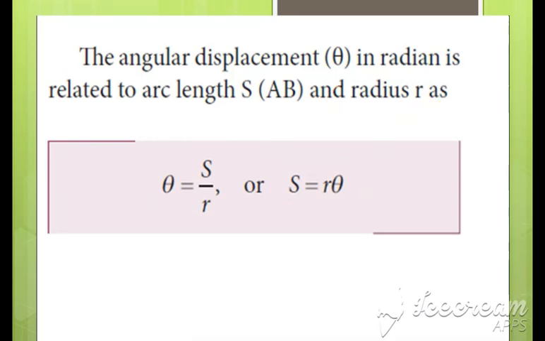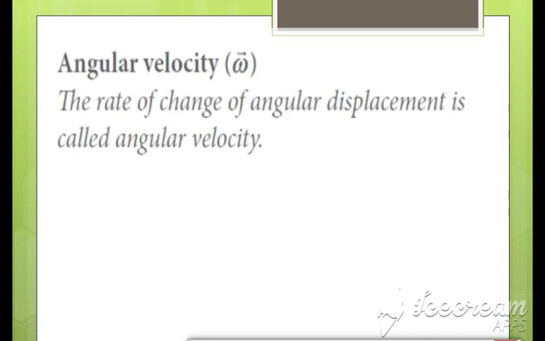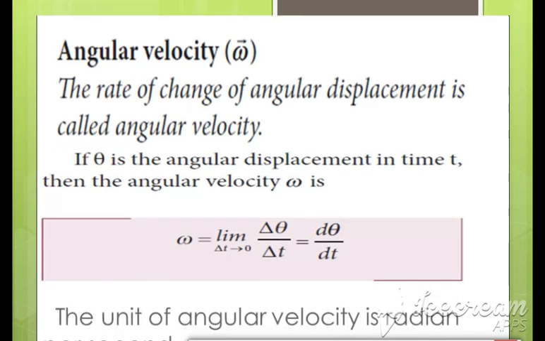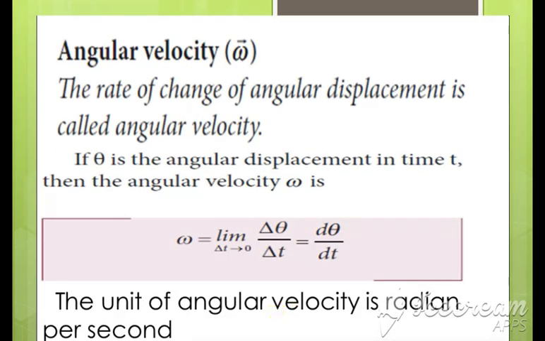Next, we are going to see the next term, which is angular velocity. Angular velocity is the rate of change of angular displacement. It is written as omega.